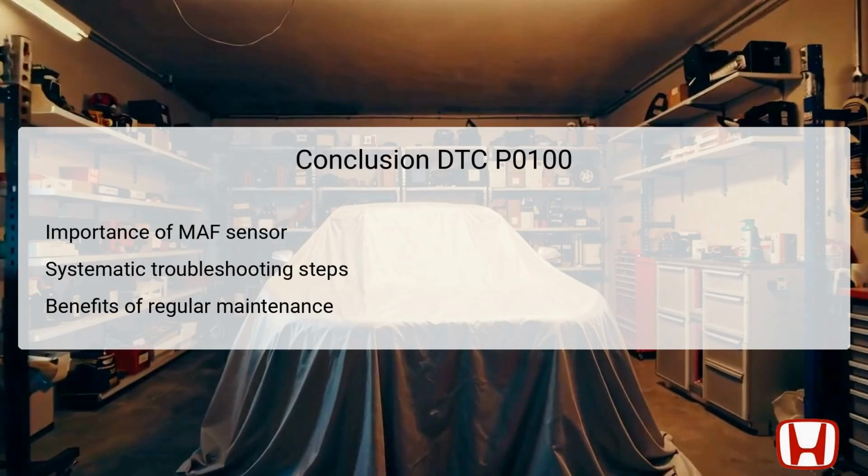Understanding the functionality of related circuits and components allows for a targeted approach in repairs. Moreover, embracing regular maintenance practices is beneficial in preventing the recurrence of this DTC and ensuring that your Honda CR-V remains in optimal condition. Together, this knowledge serves to empower vehicle owners and technicians alike, enhancing performance and driving experience.